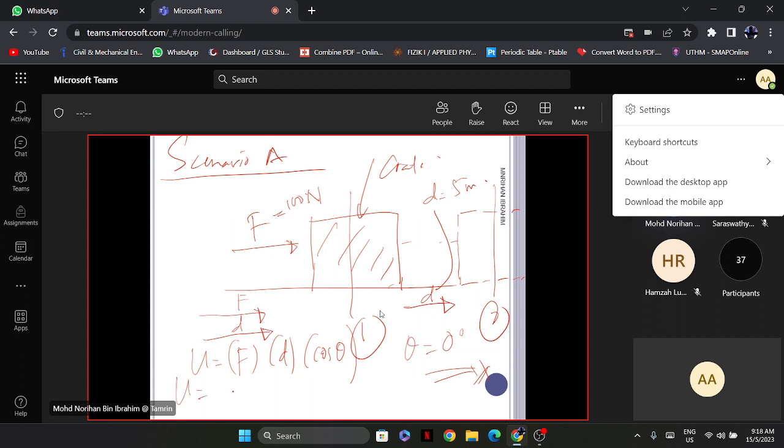U is equal to 100 multiplied with 5 multiplied with cos theta, where in this case theta is equal to 0 degree, because the force vector and the displacement vector are in the same direction. F dan juga D, so sudut dia adalah kosong.